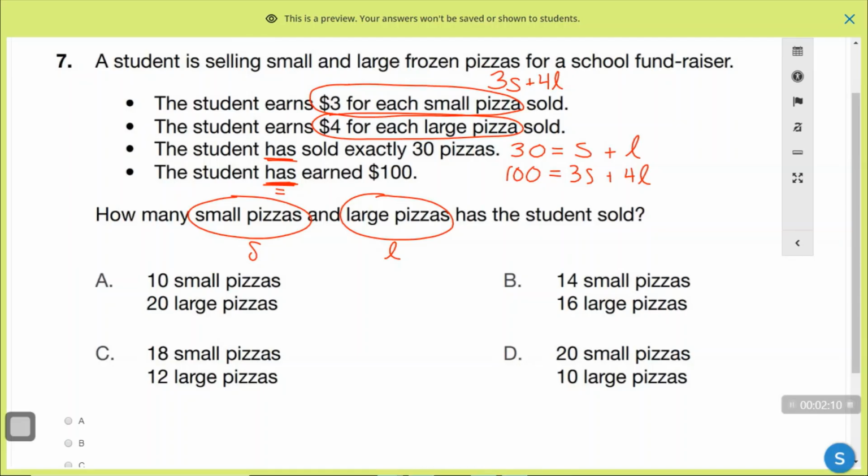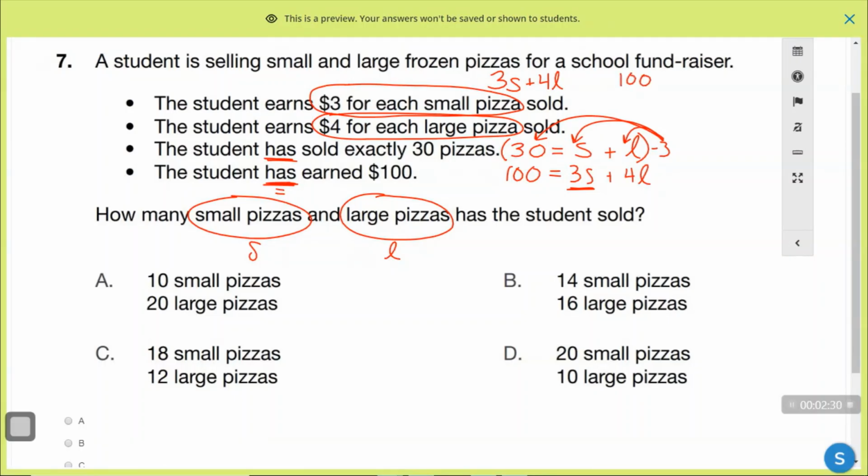Now, in order to solve this, I'm going to have to take this top equation and multiply it by -3. That's going to put a -3 here in front of the S, which will make it the opposite of positive 3S. Now, make sure that you multiply everything by -3 as we do so. We're going to get this new result, and I'm going to put it up top right here.